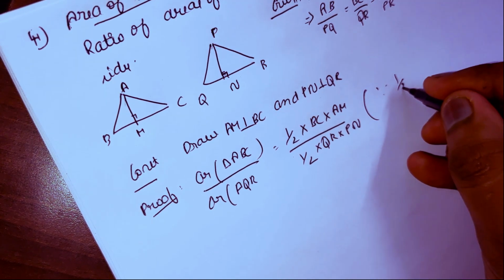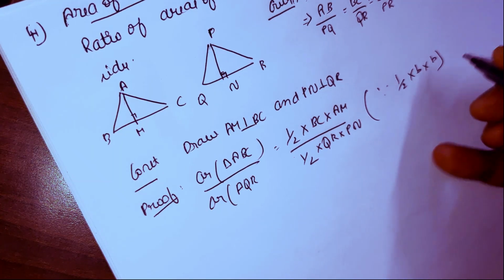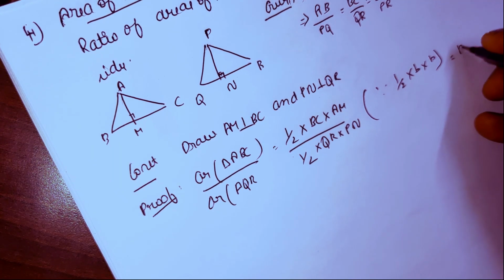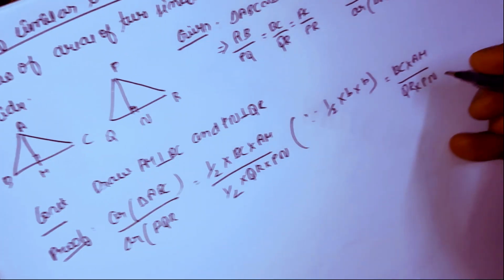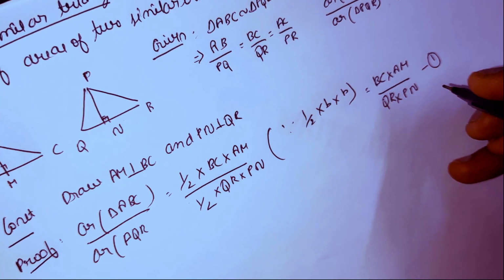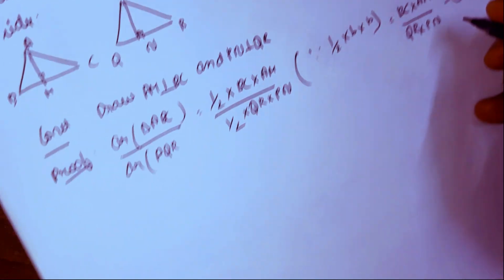This is by using the half into base into height formula. This gives us BC into AM by QR into PN. Consider this as first equation by cancelling half.